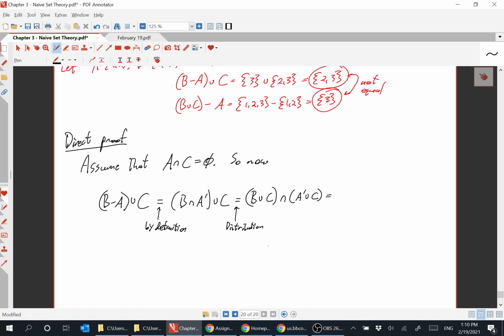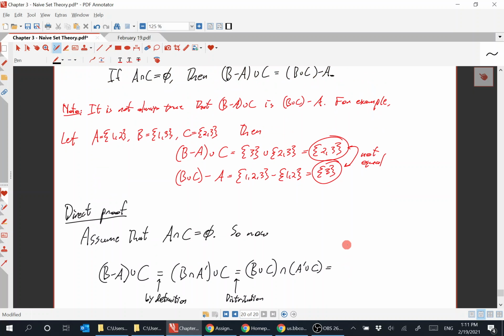Yeah, we have to do it the long way because this is the empty set. Because this is the empty set, is there some way I can fix that? A naught intersection C. I don't think so.